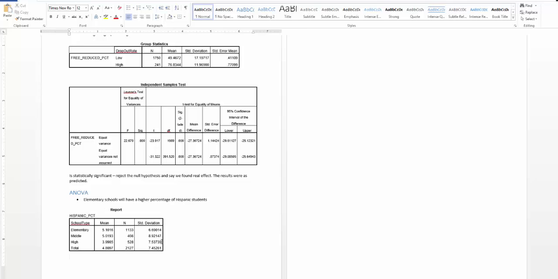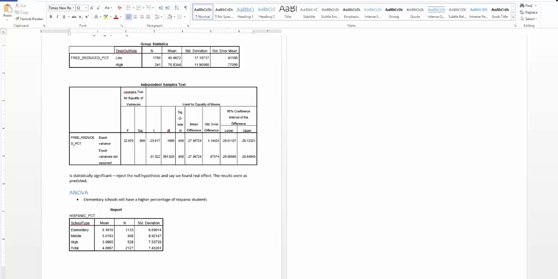Looking at our results, we find that elementary schools, in fact, do have a higher percentage. The percentage is rather low. I mean, it's about 5%, 4.81% overall. And the elementary schools have 5.10. So there's not a lot of difference, but there is a difference, and our Ns are fairly large.